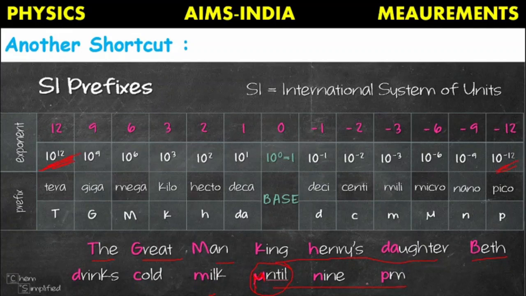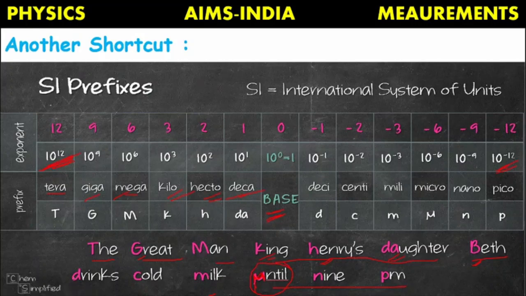So according to this phrase, the first word starts with T, T for tera, 10 power 12. Great, G stands for giga. Man, M stands for mega. King, K stands for kilo. Henry's, H stands for hecto. Daughter, D stands for deca. Beth, B, which is taken as the base, meaning 10 power 0, 1.